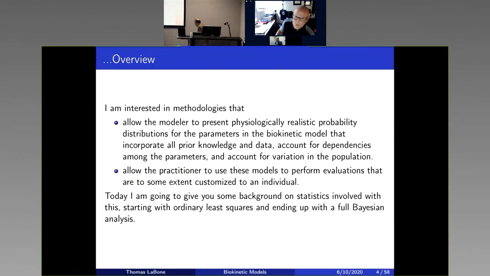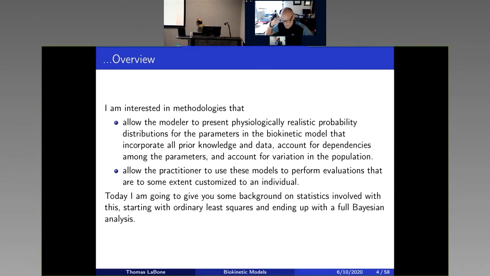These will incorporate all the prior knowledge of the modeler and the data they have available, and account for dependencies among the parameters and variation in the population. This will allow the practitioner of these models, me as the internal dosimetrist, to form evaluations that are customized to some extent to the individual and start talking about, for example, uncertainties in some of the quantities I'm trying to calculate.